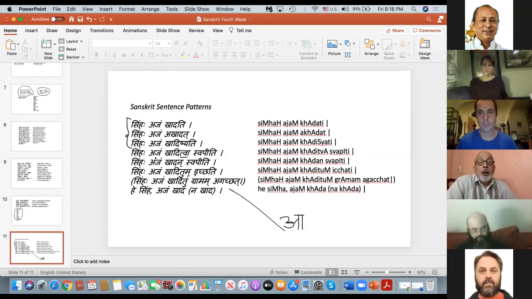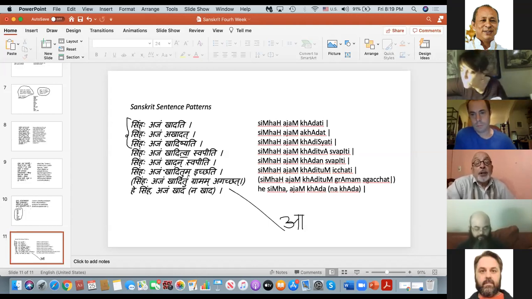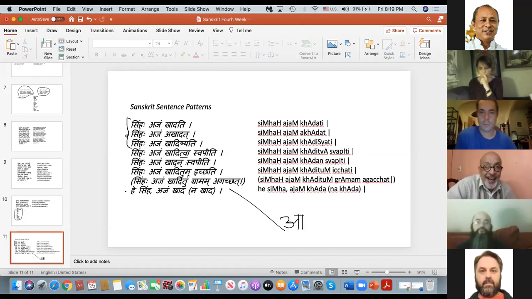Simha Sanskritam uktva swapiti, not vaditva, uktva. After saying Sanskrit words, he sleeps. Simha Sanskritam vadan swapiti. While speaking in Sanskrit, Simha sleeps.